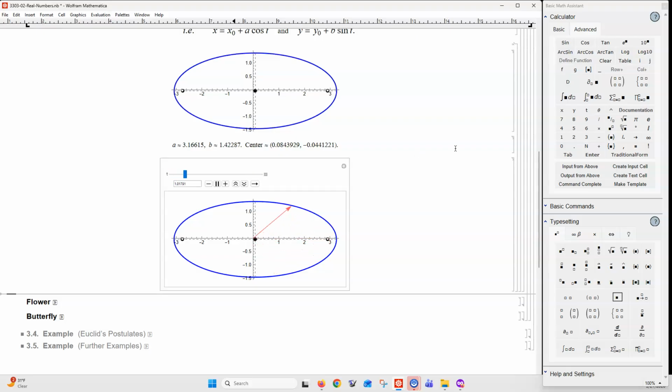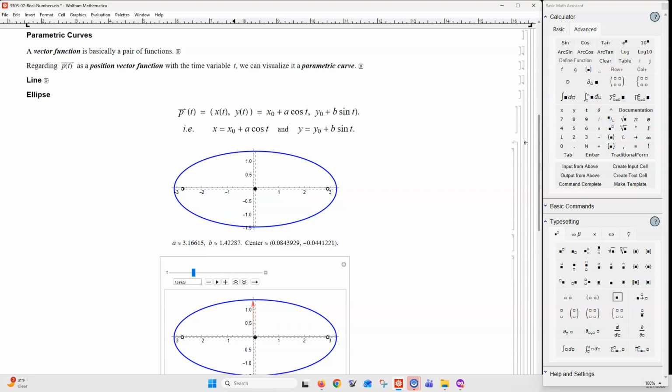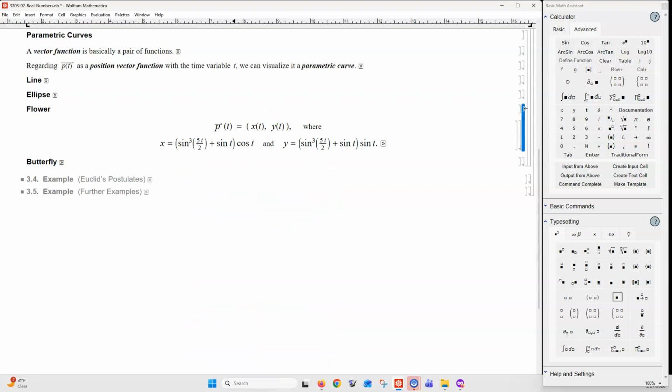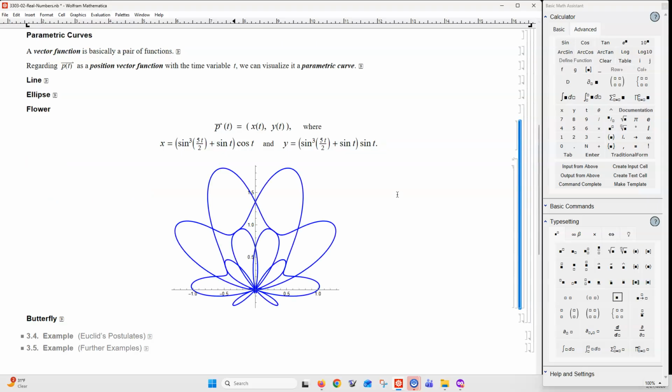Look at the tip of this red arrow, which represents the position vector for a given time. We can do all those because of the geometrical property. The real number arithmetic is basically the key to answering all kinds of questions on geometry.